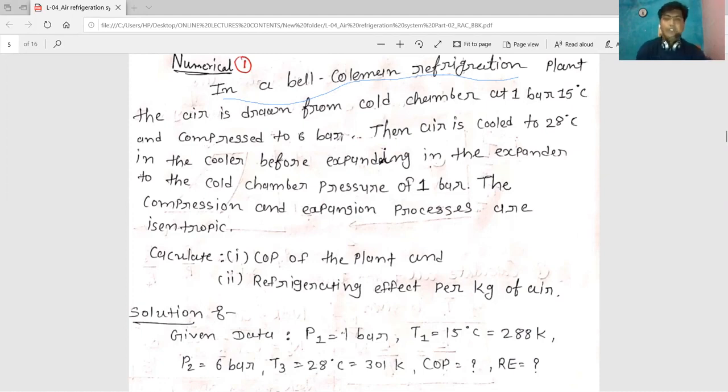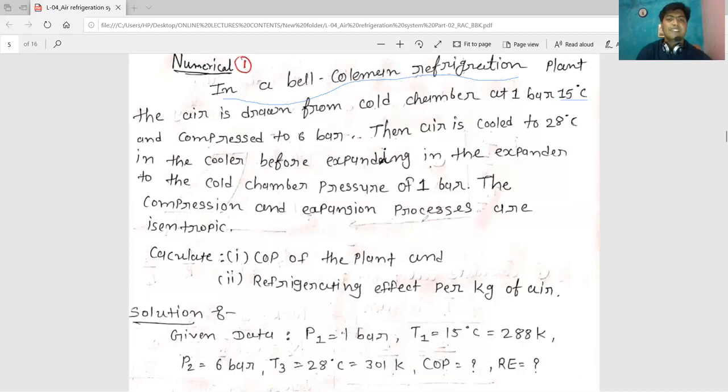That means process 1 to 2: at point 1 the pressure is 1 bar, at point 2 the pressure is 6 bar, so the pressure ratio RP is 6, and T1 is 15 degrees. Then the air is cooled to 28 degrees in the cooler before expanding in the expander to the cold chamber pressure of 1 bar.